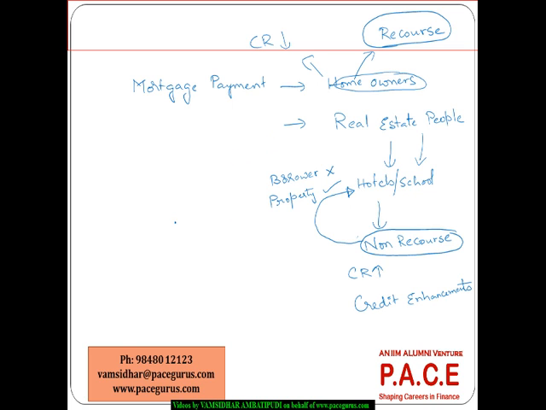So two important things, right? From a CMBS investor's perspective, there are two important things to really assess. One is the debt service coverage ratio. So we are looking at net operating income, how much amount is available to typically pay the debt, right?